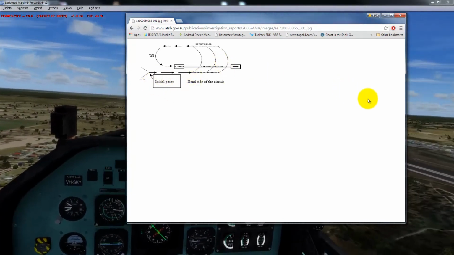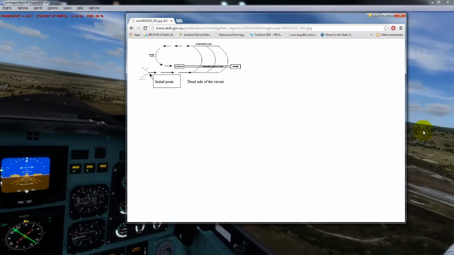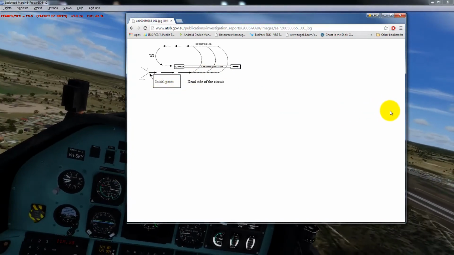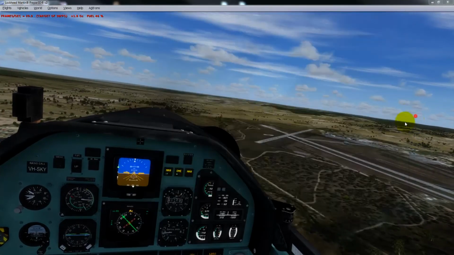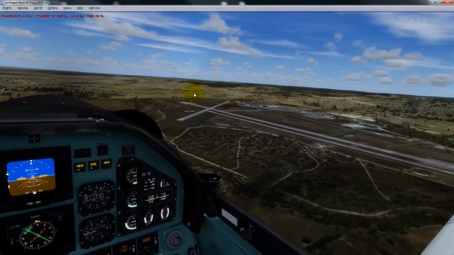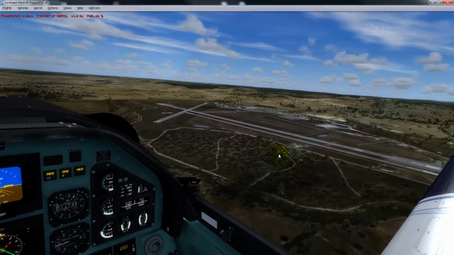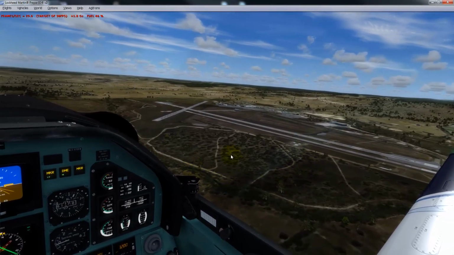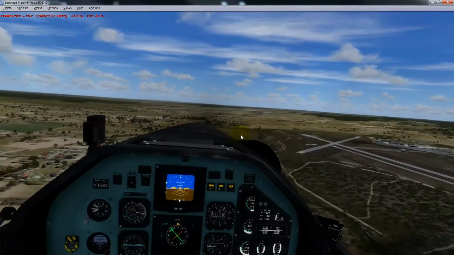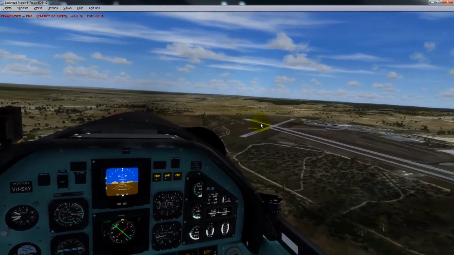So, in the case of Pearce, we're going to head out about 10 nautical miles, come down on the dead side, which of course is the east side, do a right-hand break over the runway, down, around and land.